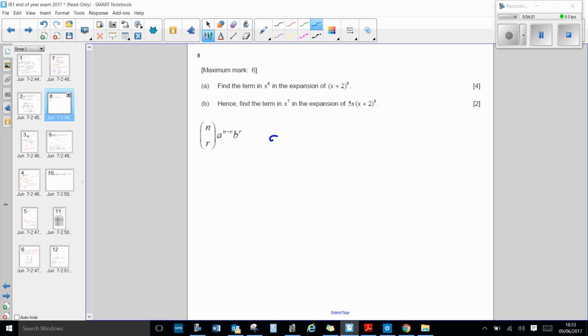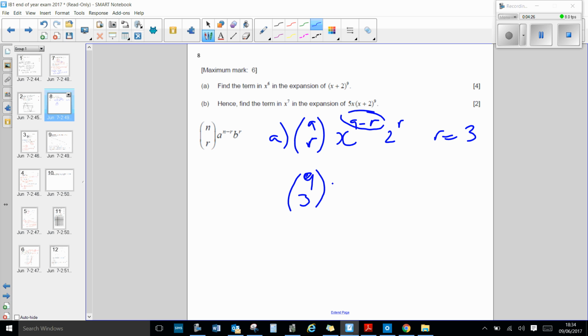So, part A, so we've got 9 choose r, x to the power 9 minus r, and 2 to the power r. We need this value here to be 6, which means that r has to be 3. It's a nice straightforward one, so it's 9 choose 3, x to the power 6, 2 to the power 3.